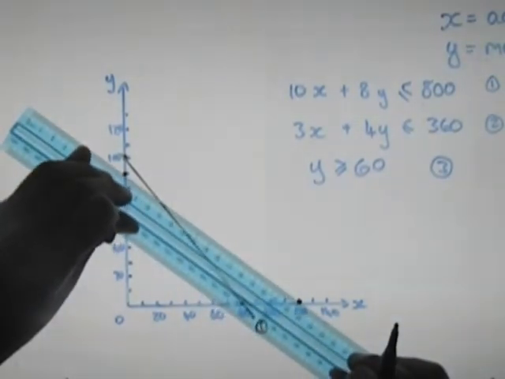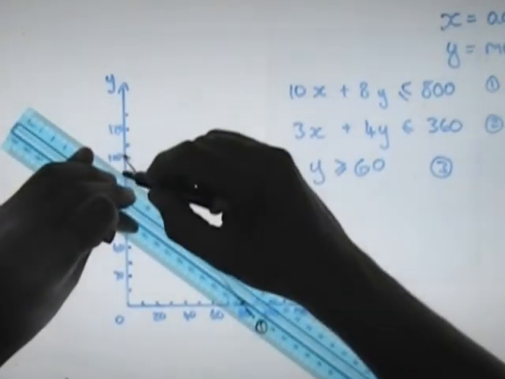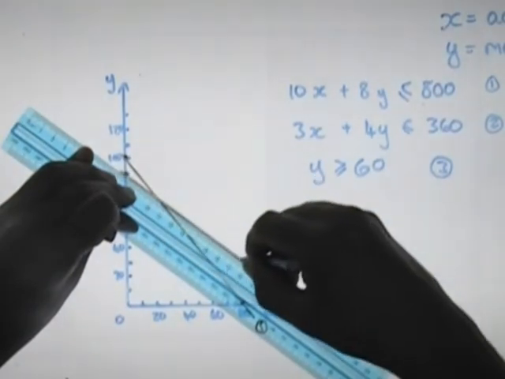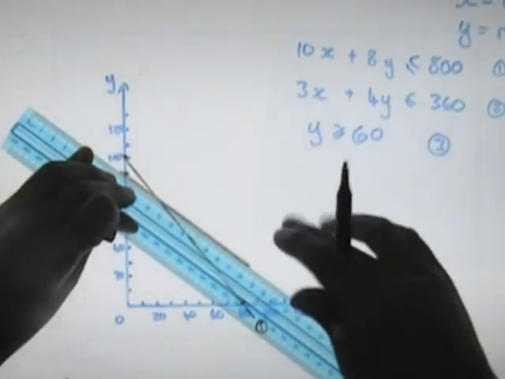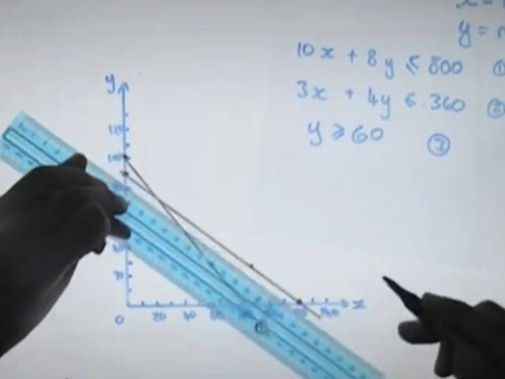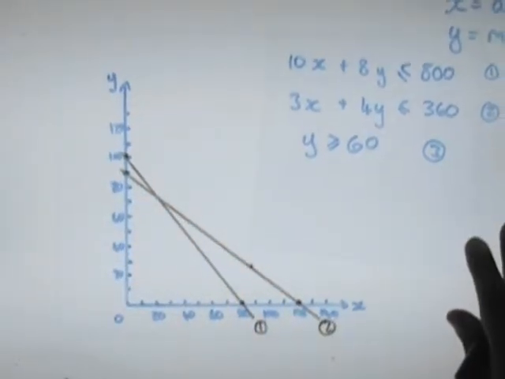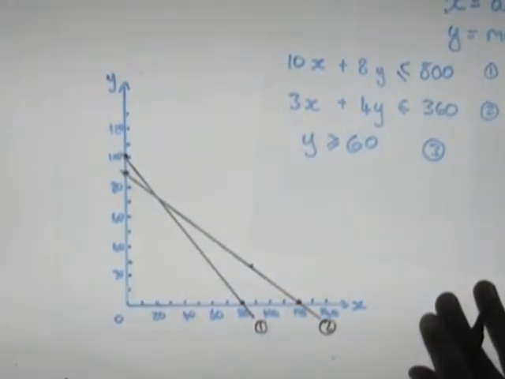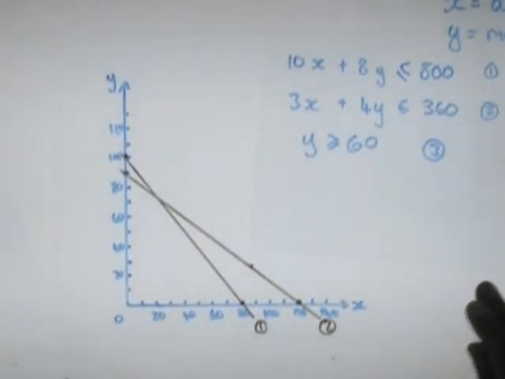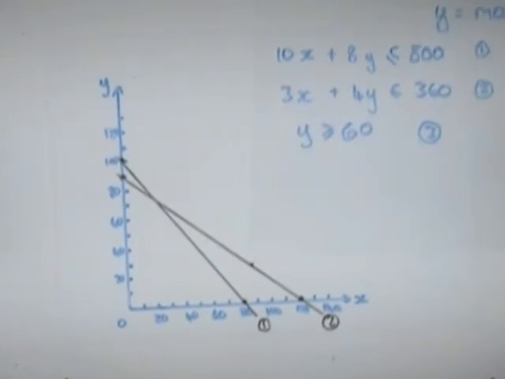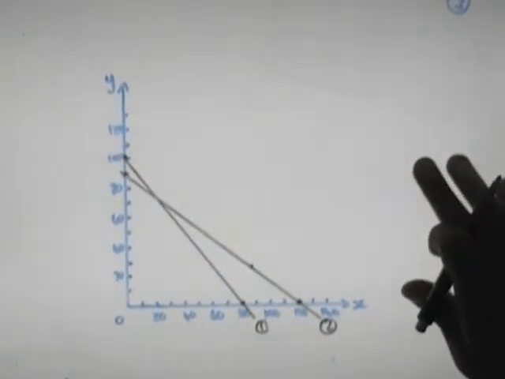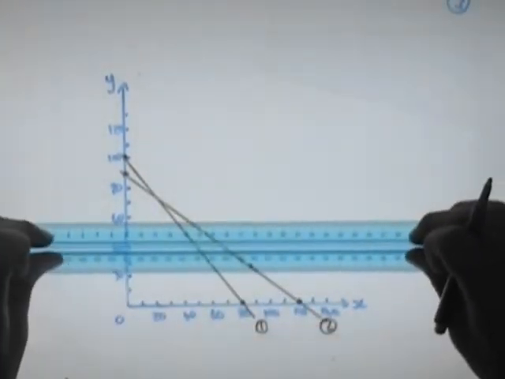That will give me my second straight line. My third straight line is y is greater than or equal to 60. That's just a horizontal line running at y is equal to 60.